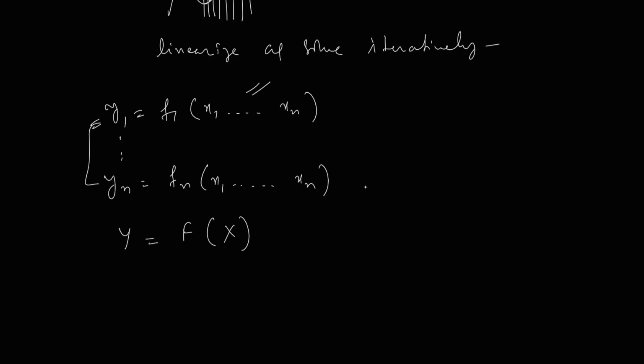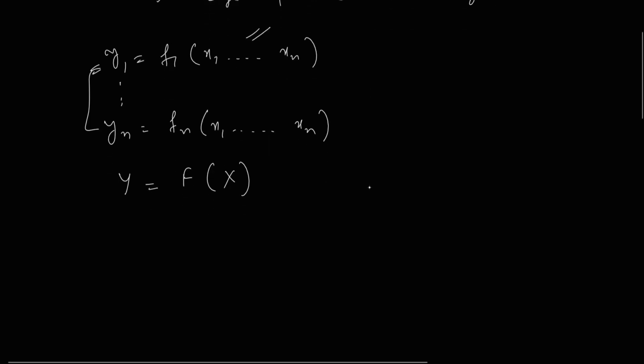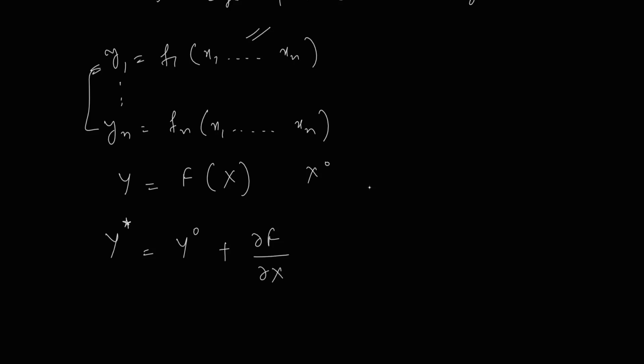Now if I linearize by Taylor's expansion about an operating point x naught, then y star is equal to y naught plus dou f by dou x at x equals x naught multiplied by delta x.